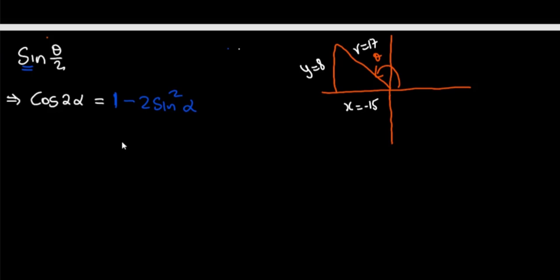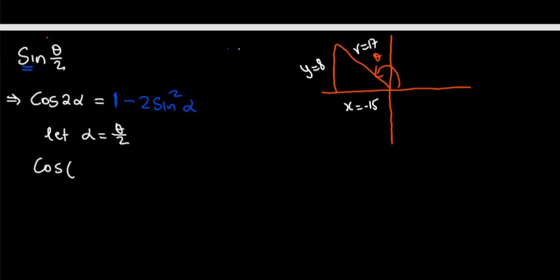So what we're going to do now, we're going to let that alpha be theta over 2. So now if this is alpha, where there's alpha, we need to put the cos of theta. Let's do this.